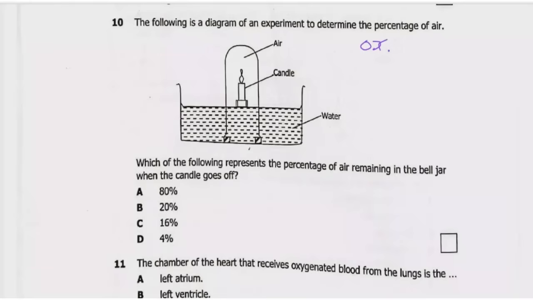Any air that does not have oxygen, if you light a fire there, the fire won't light up because there is no air that supports burning. Hence, there will be no burning. The percentage of oxygen in air is 21%. That's a fact that we should understand.